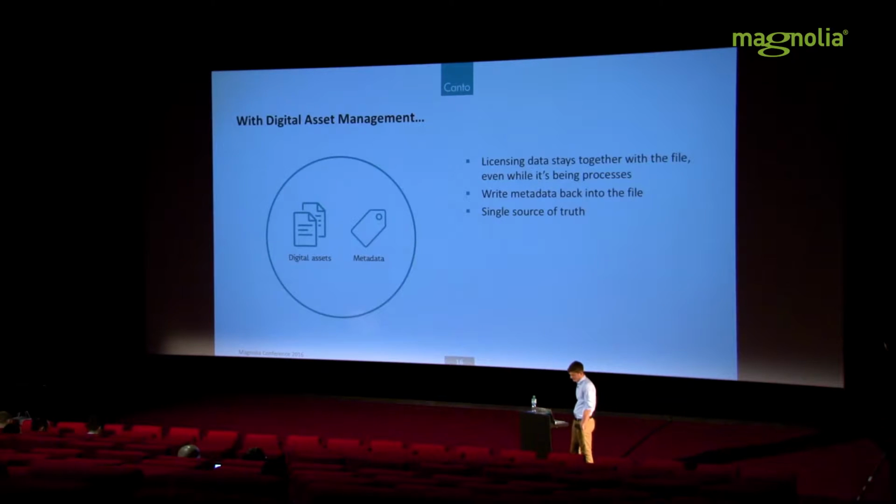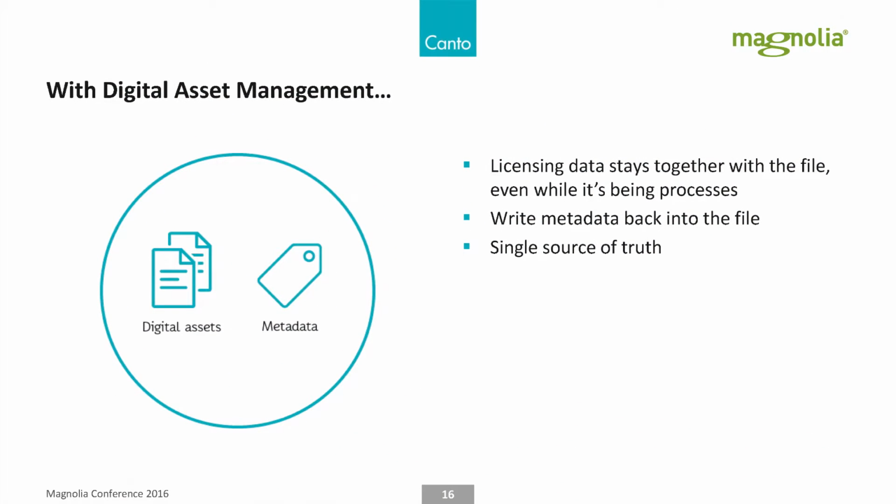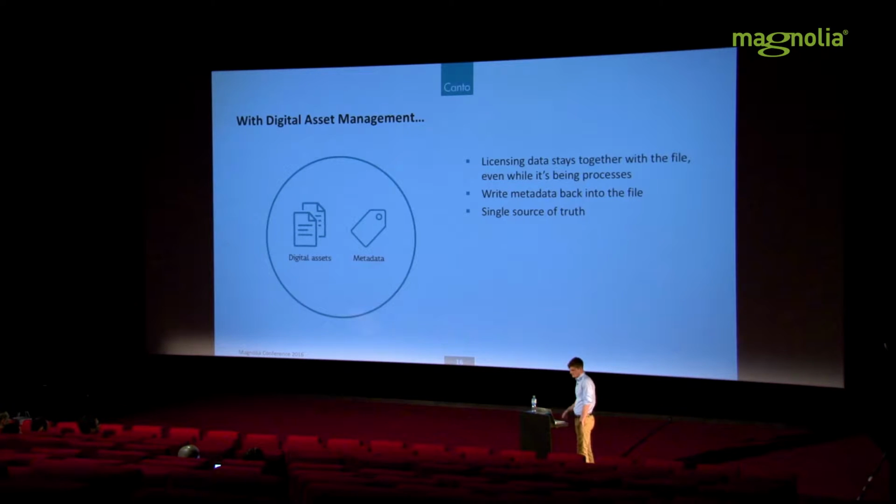And so this is really important. And the great thing is, if you write this information into the metadata of the files, it always stays on the files even when they are processed. So once you open them up in Photoshop and do some transformations, it will still be in there, so you don't lose this information. And of course, you have the single source of truth. You can search all assets that run out in the next couple of weeks or next couple of days.